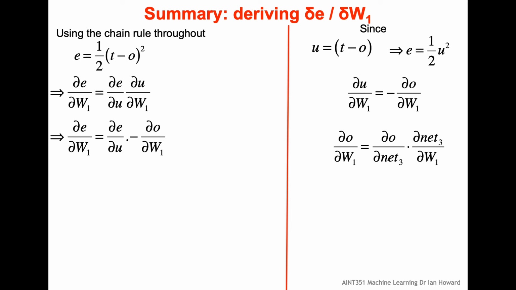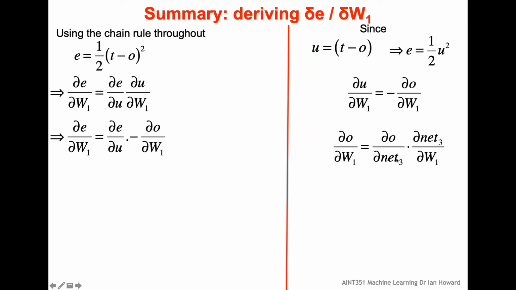So what can we actually do now? Let's tackle the do/dW1 term. So again, this is how the output is affected by changes in the weights in the first layer, and we know that there's an intermediate just before you get to the final output. There's an intermediate linear part again.